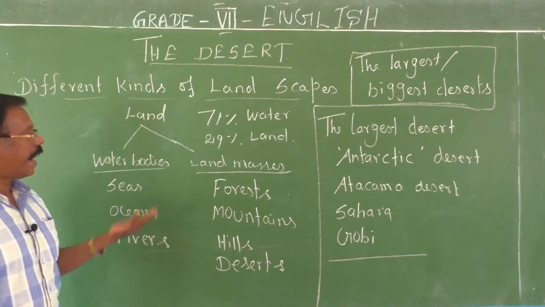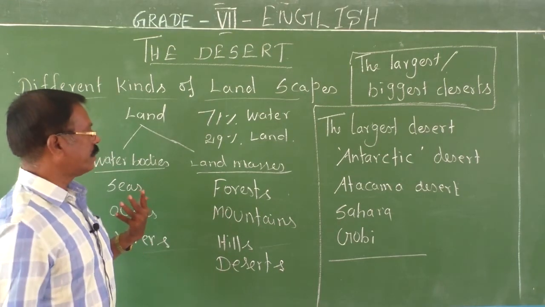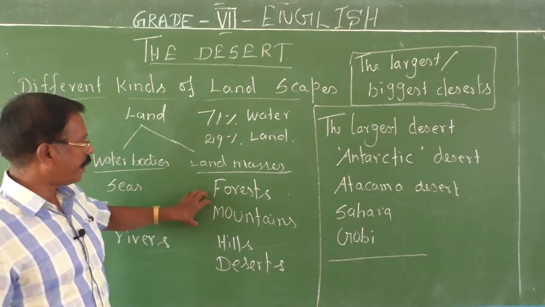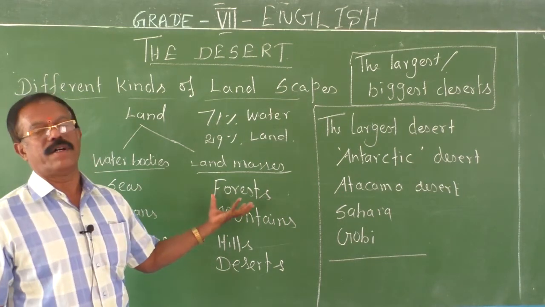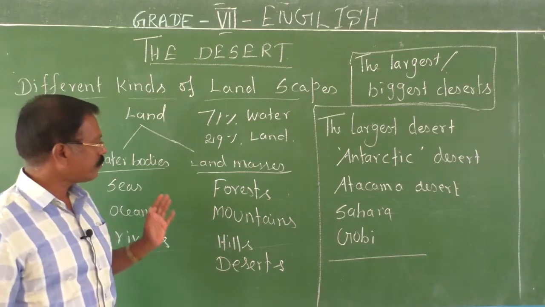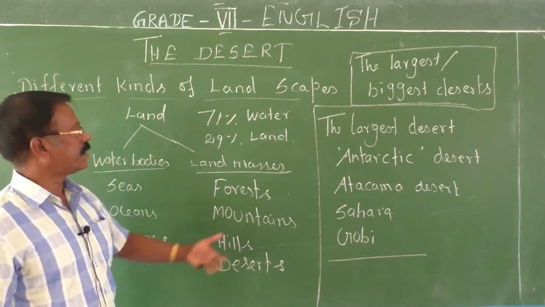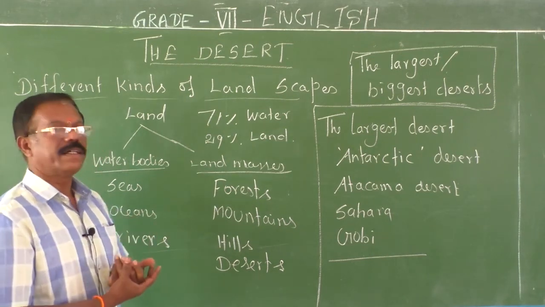And land masses include forests, mountains, hills and deserts. So they constitute land masses, and these constitute water bodies. Among all these land masses, in today's class you are going to learn much more about the desert.